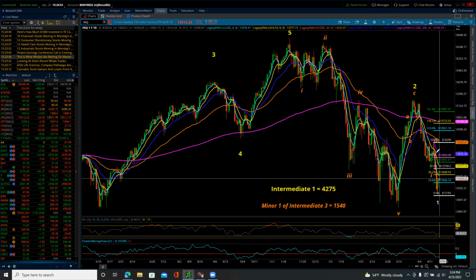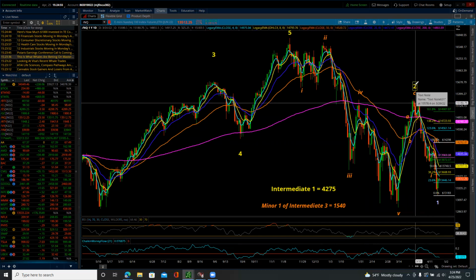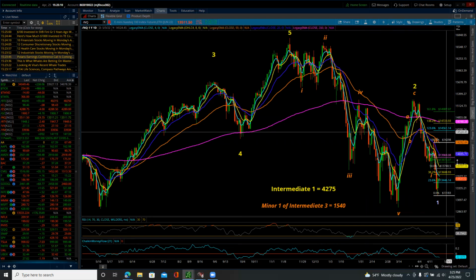So it would be wave 3 of 3 of 3. And that's all part of this first larger primary degree wave down of this larger correction. So again, that's our big picture. Now we're moving it down.